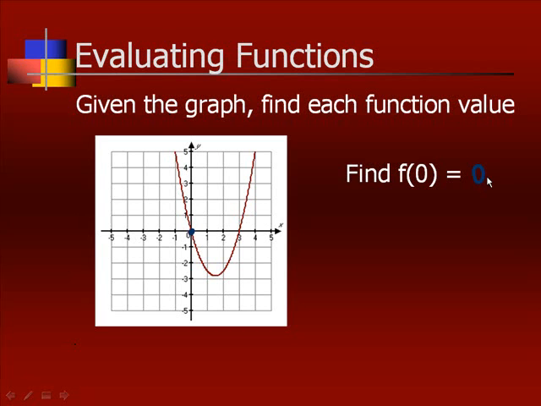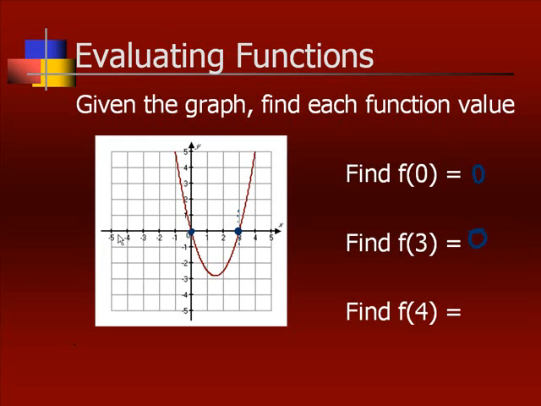So f of 0 is equal to 0. What about f of 3? That means look on the graph to where x is 3, which is anywhere right here on this line. That's this ordered pair right here. So that's the ordered pair 3, 0, which means the y value for f of 3 would be 0.